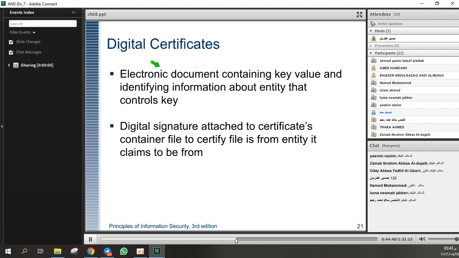Okay, this is my key. But who am I? This is my digital certificate. Check it. In this digital certificate, you can find my keys and my information, my identity information. My digital signature is attached to my digital certificate.